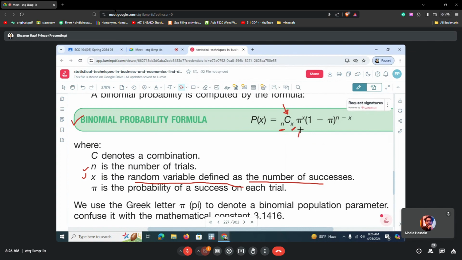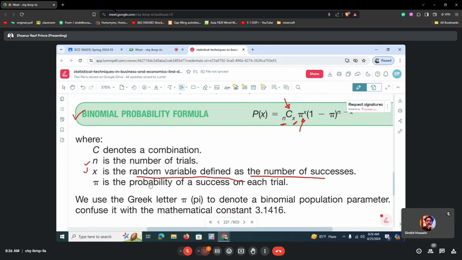Then you have another symbol here, pi, right? Now I know that some of you will say that the value of pi is 3.1416, which is a mathematical constant. That is absolutely correct, but in this specific case, it is not that mathematical constant. In this case, it denotes the probability of success on each trial.